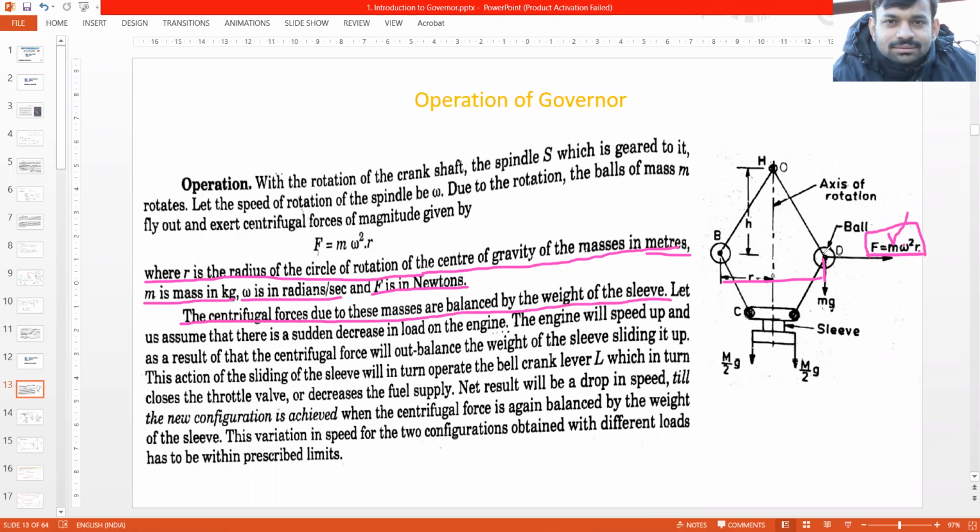Since the centrifugal force will try to pull the balls outside, not here, but a little bit upward, this ball will acquire a new position, something like this. This arm will come something like this, and the lower arm will rise like this. So obviously, since the lower arm has come up to here, the sleeve also has to lift along with the lower arm.